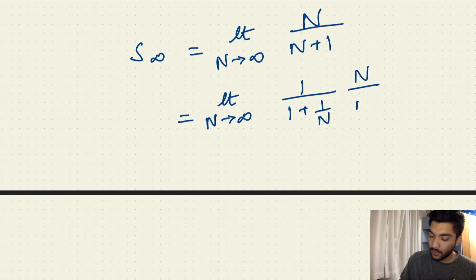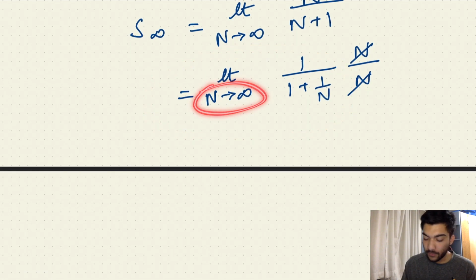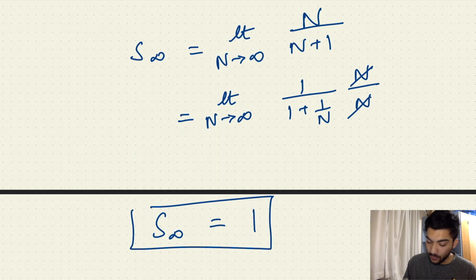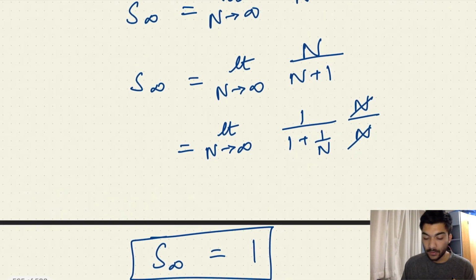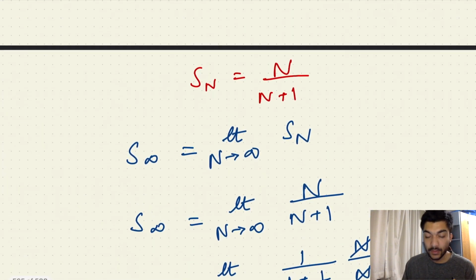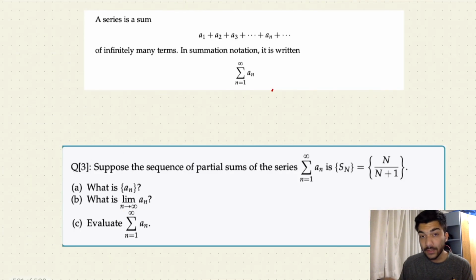So now you can clearly see that if you take the limit as capital N approaches infinity for this expression over here, 1 by n approaches 0. So your sum of the series, your S infinity, when you have infinitely many terms in your series, will be equal to 1 in this case. So that's it for this video.